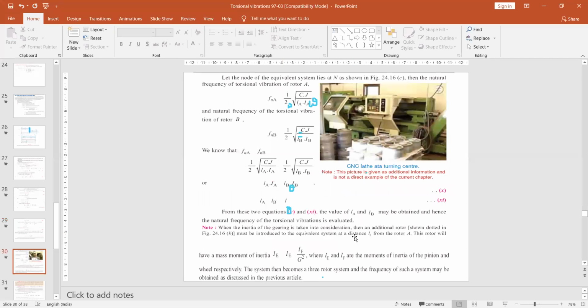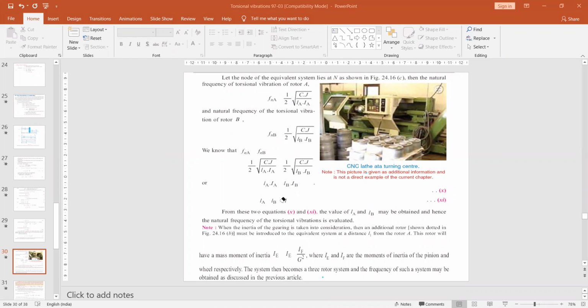Let the node of the equivalent shaft system lie at N. Now we are going to write the natural frequency values at rotor A and rotor B. That is 1 by 2 pi into square root of CJ by LA IA, and from rotor B, 1 by 2 pi into square root of CJ by LB IB.